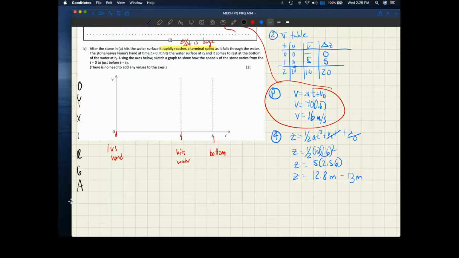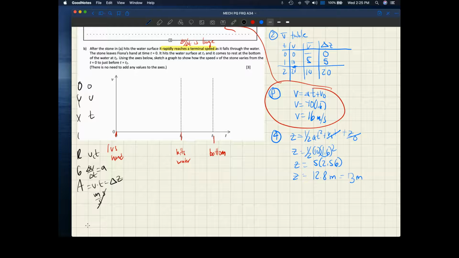So our origin 0, 0, that's good. Y-axis velocity, x-axis time. Our intercepts, we're not interpreting it, so that stays blank. We can read velocity and time. The slope, delta v over delta t, is the acceleration. And the area, v times t, is the displacement, or delta z, meters per second times seconds.